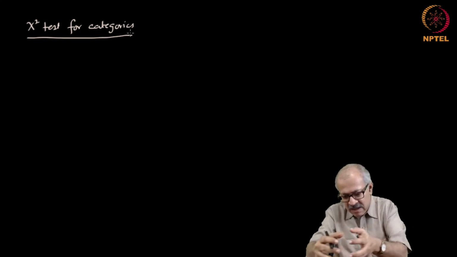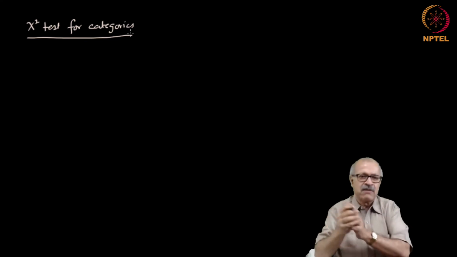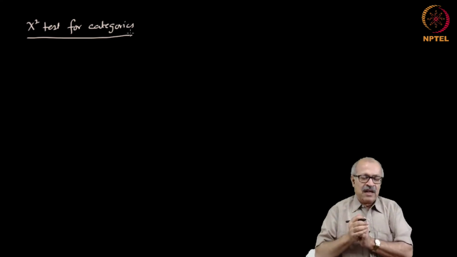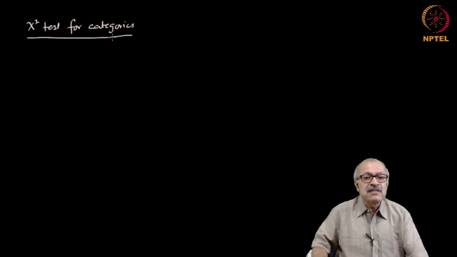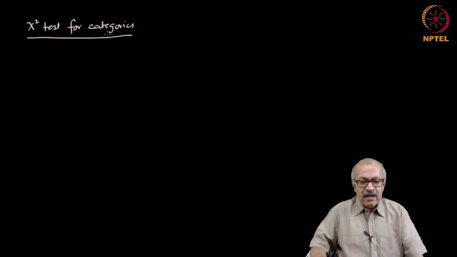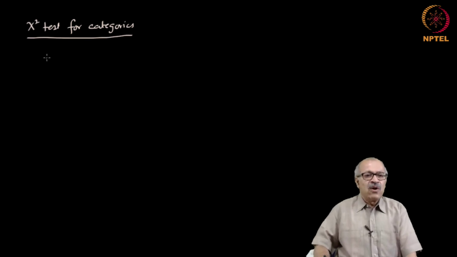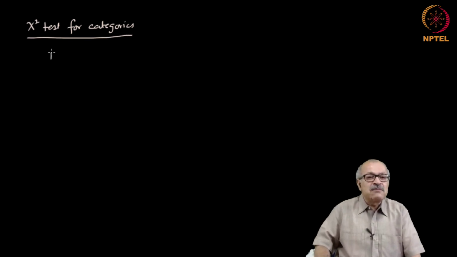It predicts another particular number to be in another particular bin. Then we apply the chi-square test for these categories. Okay. So, in that case, what are our expectation values?